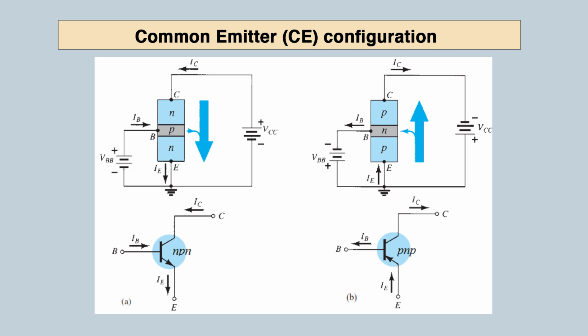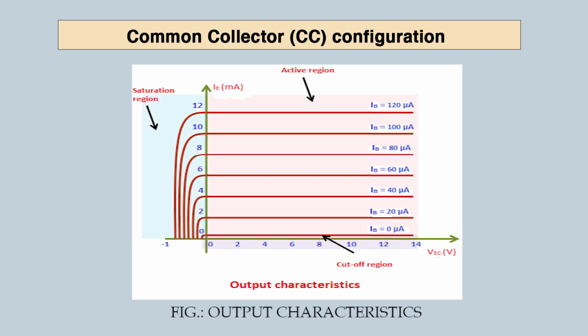These are the characteristics for a common emitter configuration. Here we can see the output characteristics. As the output is taken between the collector terminal and the emitter terminal, the voltage will be VCE, and the output current is observed at the collector terminal. Hence the y axis will have collector current, that is IC.